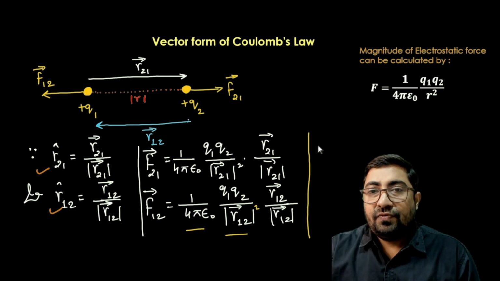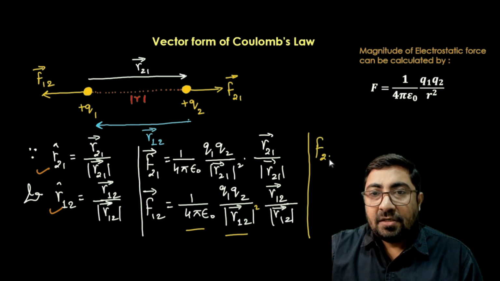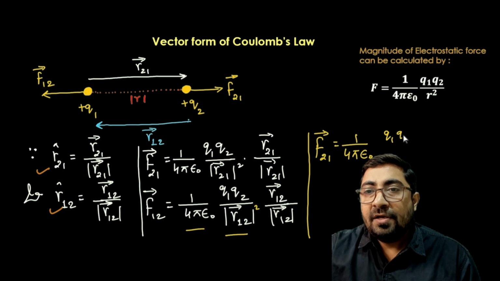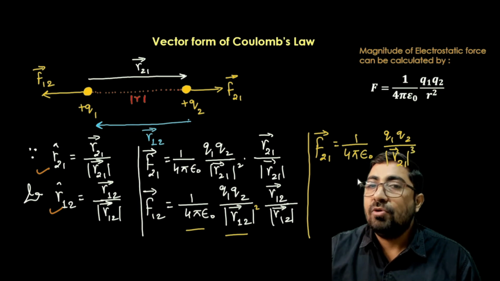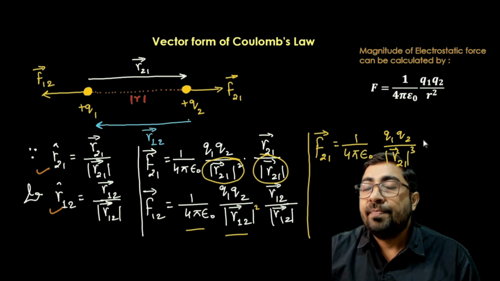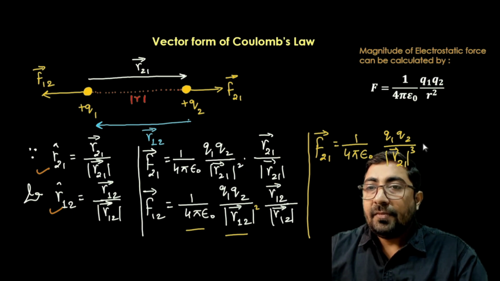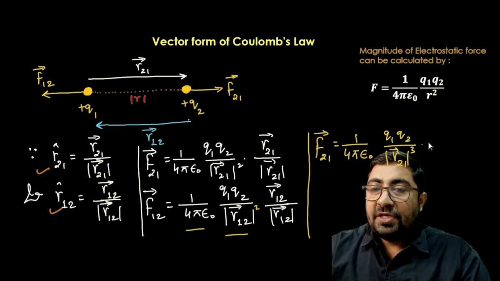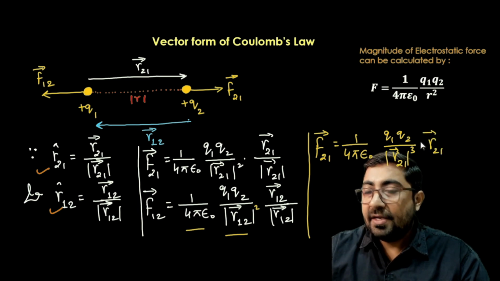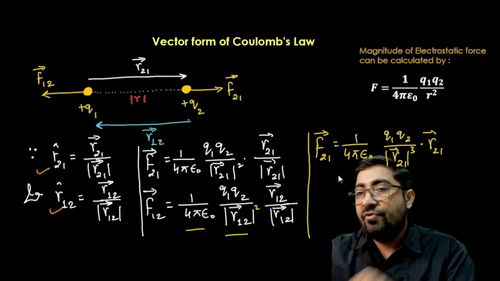Finally, these two forces can be written as F21 equal to 1 upon 4 pi epsilon naught q1 q2 upon the magnitude of vector r21 whole cube, because I can multiply these two values, and what is left in place of the unit vector is vector r21. Now what is the direction of the F21 force?